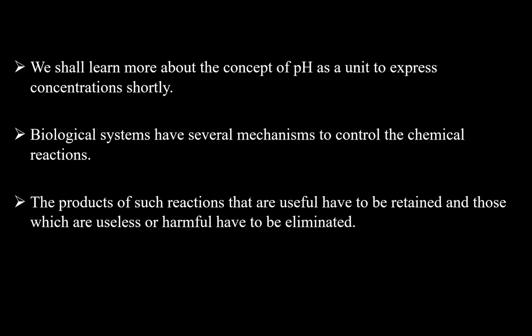We shall learn more about the concept of pH as a unit to express concentration shortly. Biological systems have several mechanisms to control chemical reactions. Billions of reactions are taking place in our body, and we are unaware of the fact that the particular pH required for a particular enzymatic reaction is different from the other enzymatic reactions.